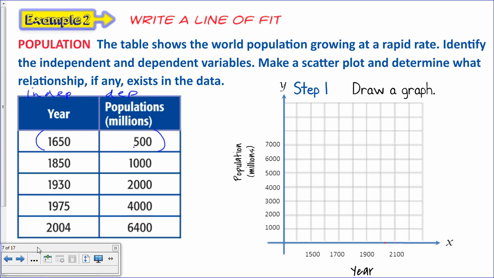Okay, so now all we need to do is just plot the points. Since I determined that the relationship is here, I go to 1650. What count? Go to 1650 and then go up to how much?